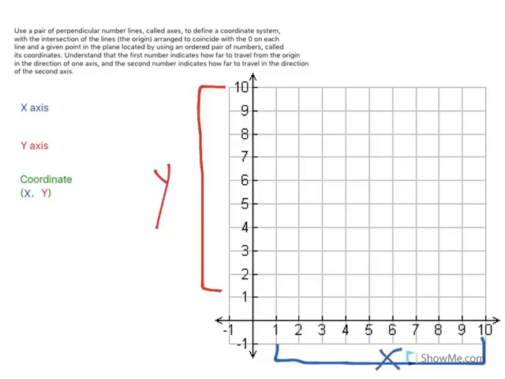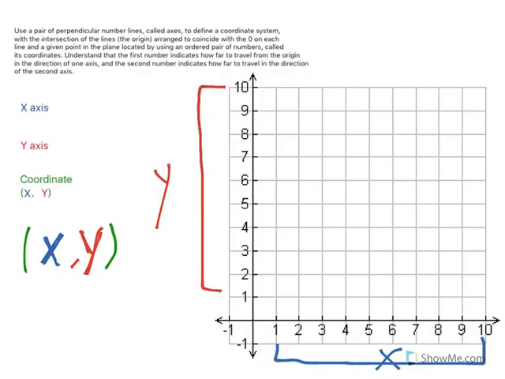And then we also want to recognize how to make a coordinate pair. So we have our coordinate pairs, which you use parentheses to make. You have an x coordinate and you have a y coordinate. So the x coordinate will tell you where to move on the x-axis, and the y coordinate will tell you to move on the y-axis.